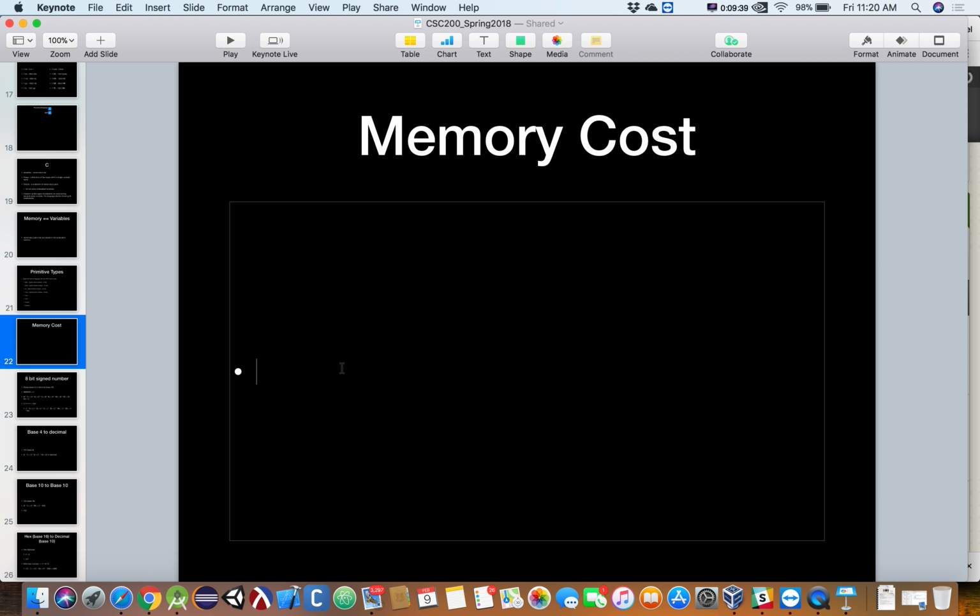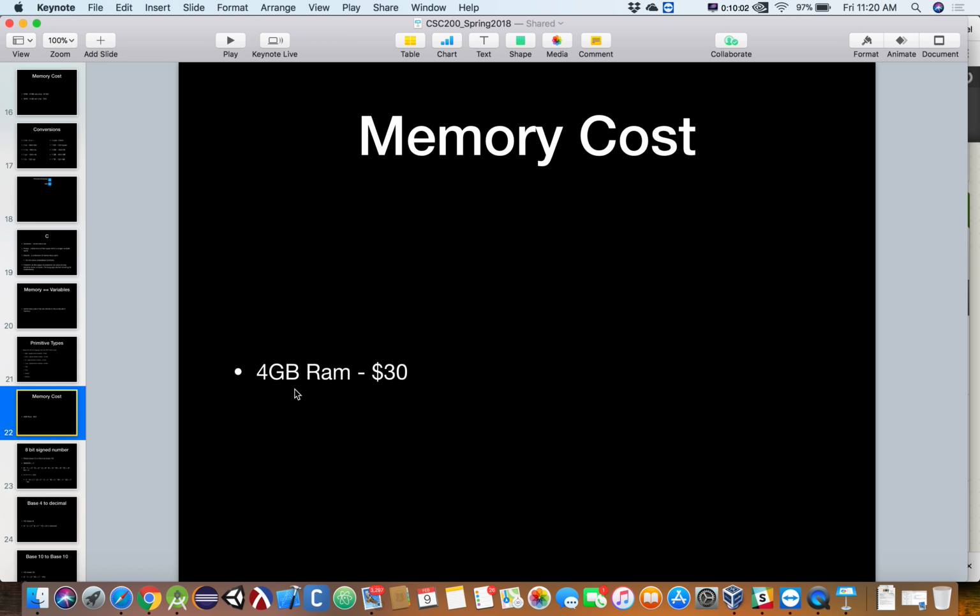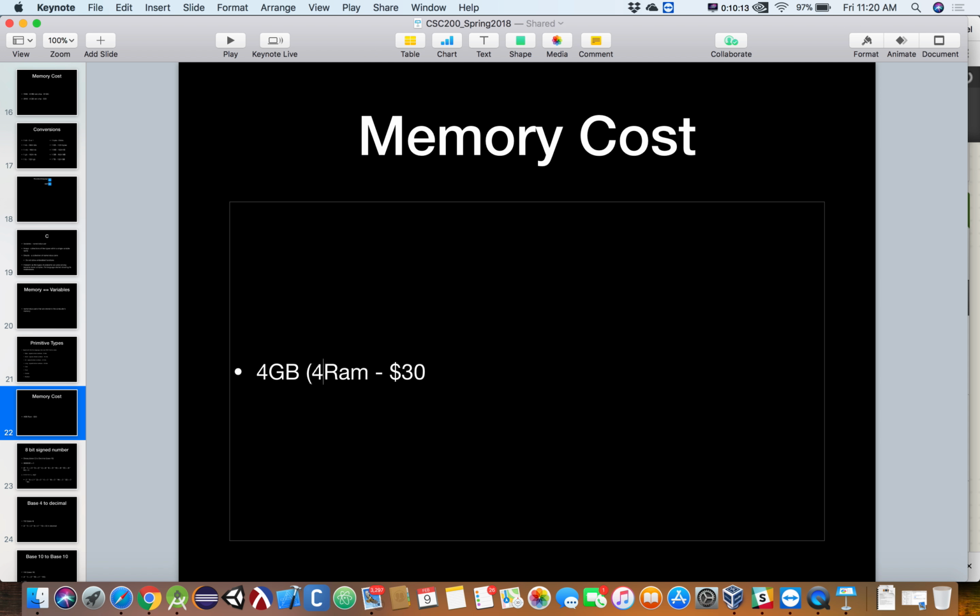Now, if you wanted to upgrade your computer with 4 gigabytes of RAM, you go into Best Buy. How much is a 4 gigabyte stick? $30? Okay, so 4 gigabytes of RAM is $30. We talked about the conversion between all sorts of bases last time, right? Just because we want cost per megabyte to keep things simple, how many megabytes is 4 gigabytes? 4 times 1024, so this is actually 4096 megabytes.